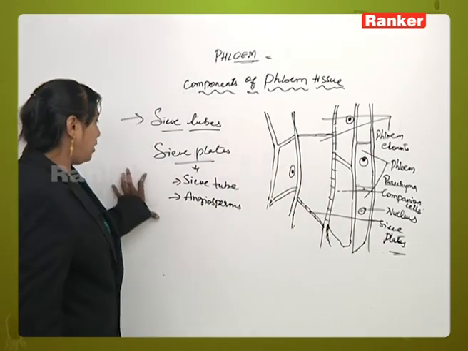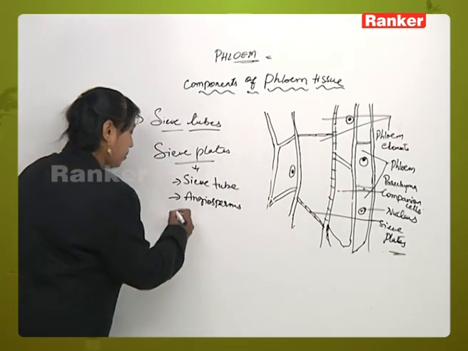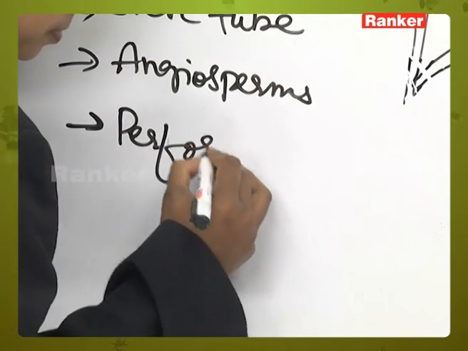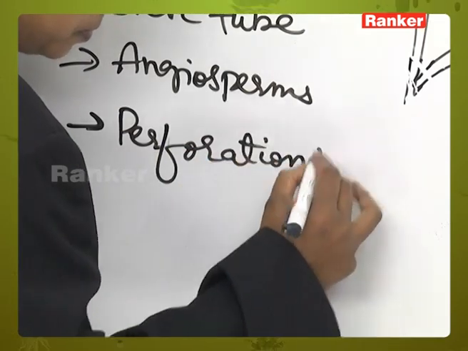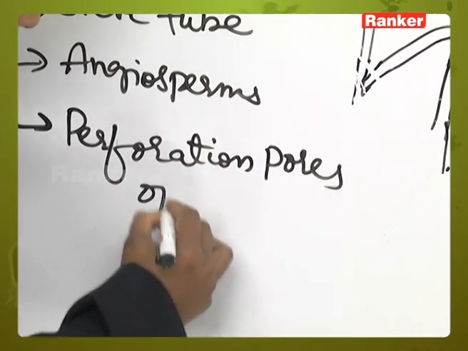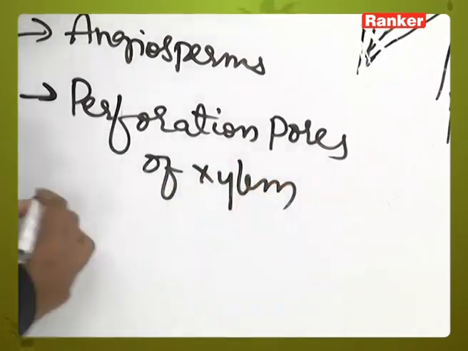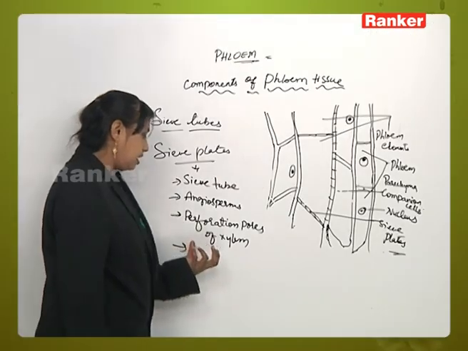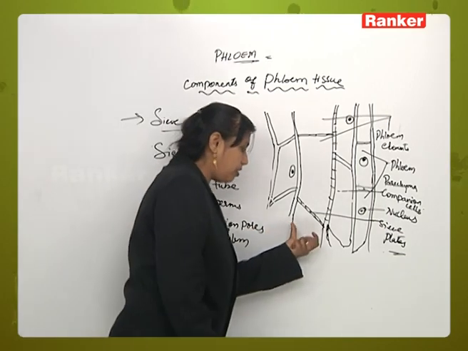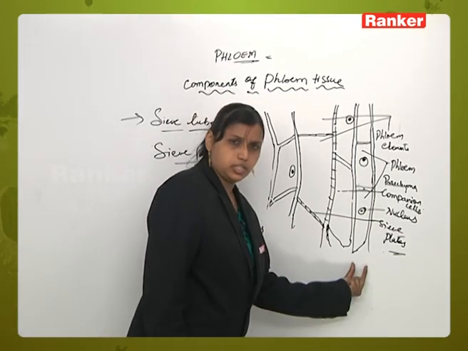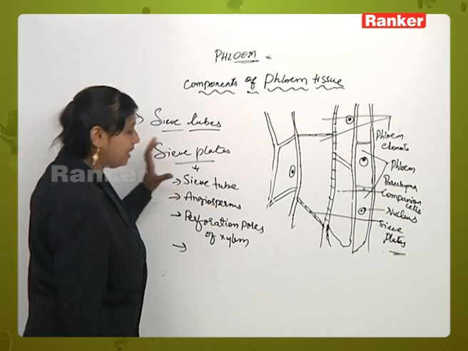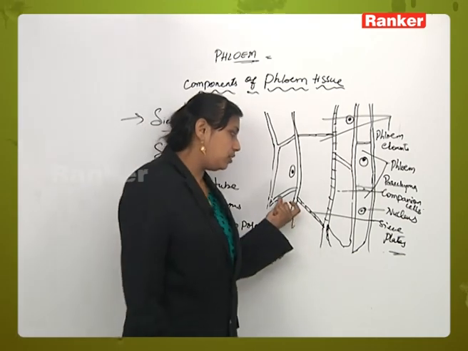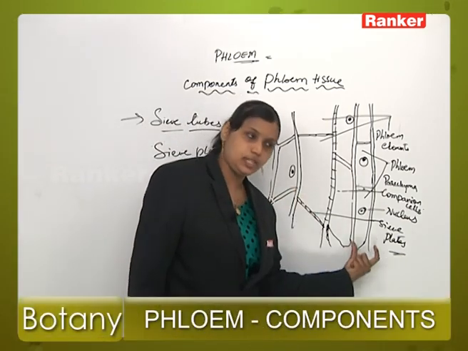These sieve plates are comparable to the perforation plates of xylem. Perforation plates of xylem act as connecting strands from one sieve element to the other. Sieve plates are those plate-like structures which help in a connection between one sieve area and the other sieve area.